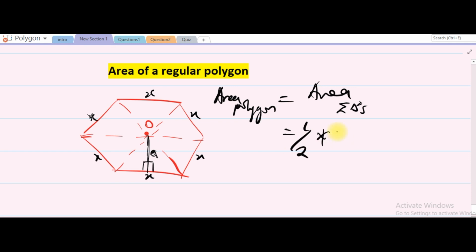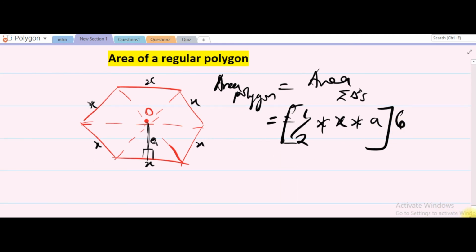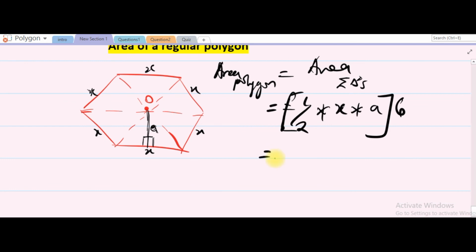Our base here is x, times our height here is A. But we have a total of 6 triangles here, so we need to multiply by 6. Each is half x times A, for the 6 it is now times 6. And we can still write this as half times 6x times A.